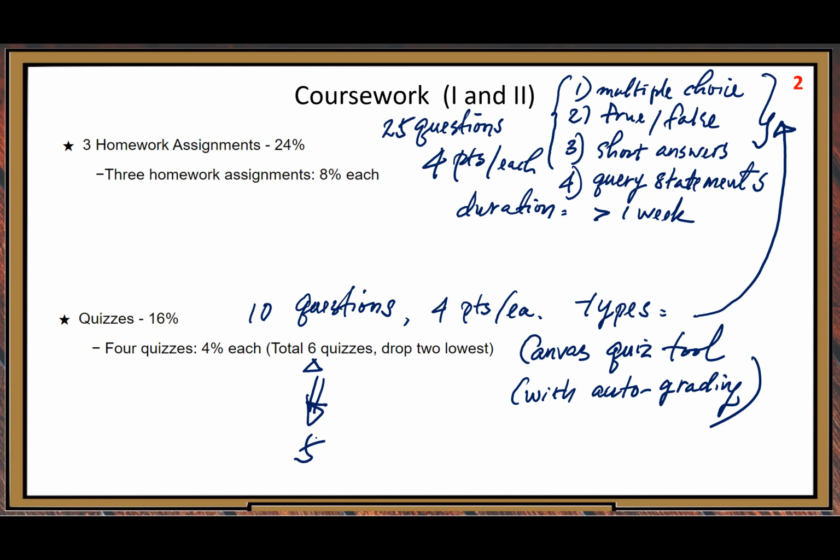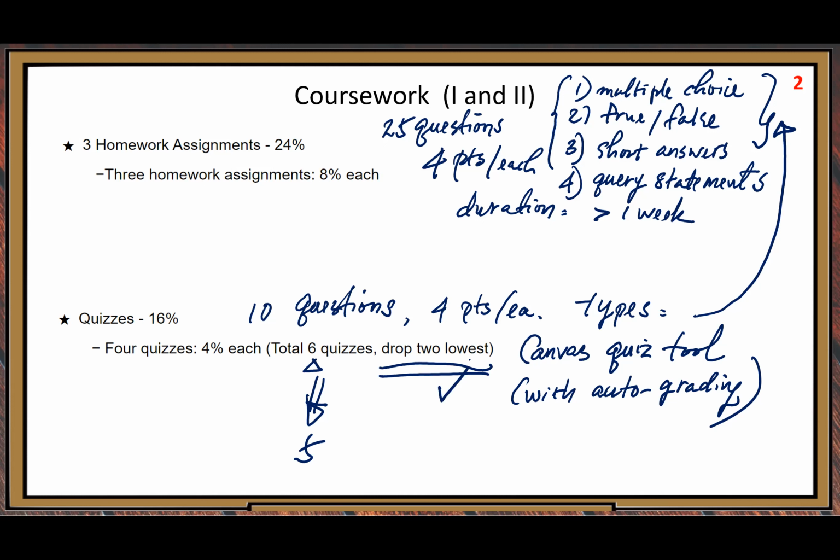So later I will show you the timeline. You will see that near the end of the semester, it is very hard to put in quiz number 6. So I reduce it to 5 quizzes. But I still drop 2 lowest scores.